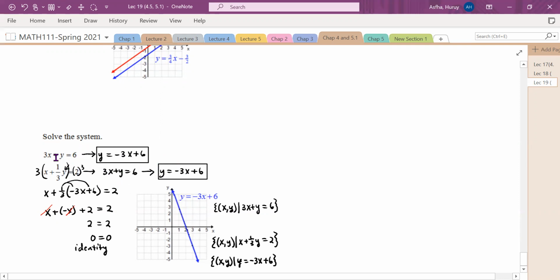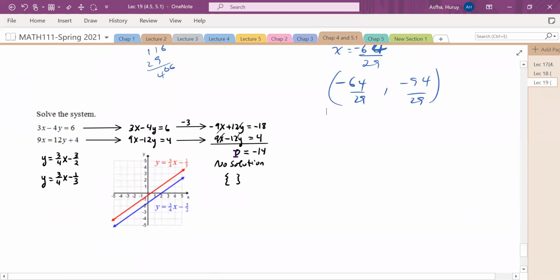And if we solve these two equations, if you substitute this in here, you get x plus 1 over 3 times y, which is negative 3x plus 6, and if we solve them, we get 0 equals 0, which means they are equal everywhere, at every point. So if you end up with the same number equal to the same number, which is true, then it means they have infinitely many solutions.